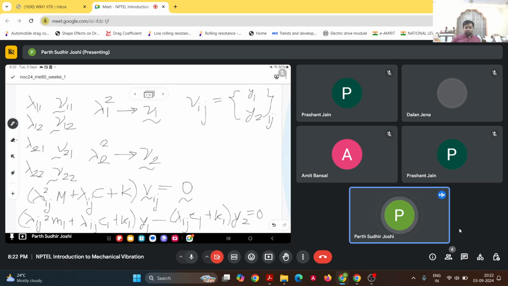So each eigenvector, what can we write it as now? This equation here, which I've written on the lower side, is in terms of this lambda ij. So for each index, we will get some relation between y1 and y2. So y1 and y2 will always be in a certain relation.